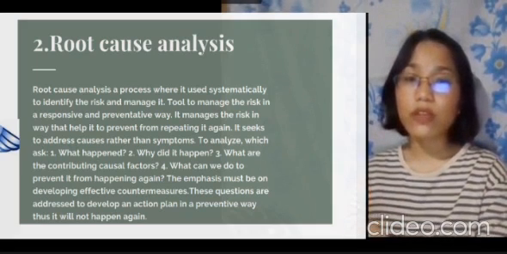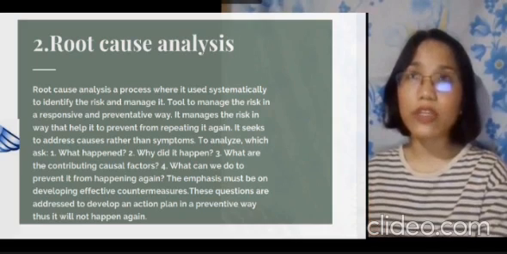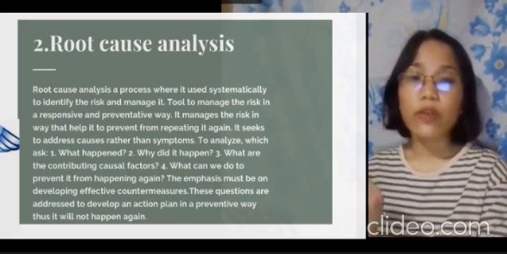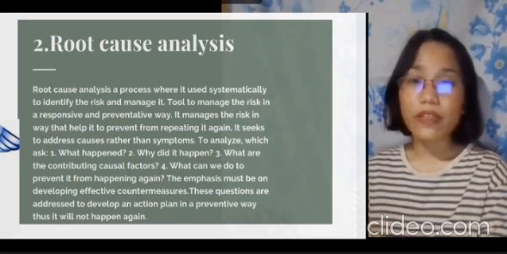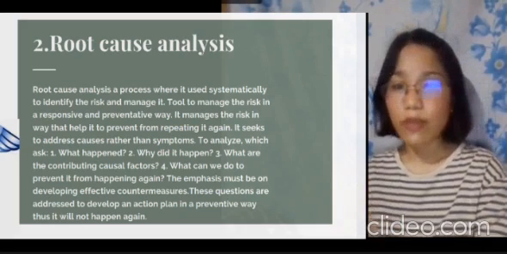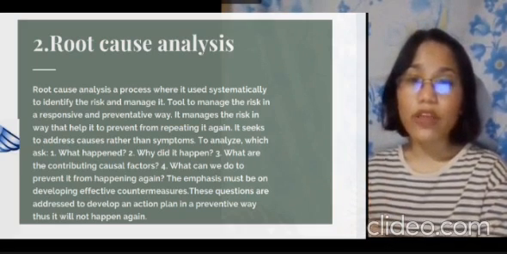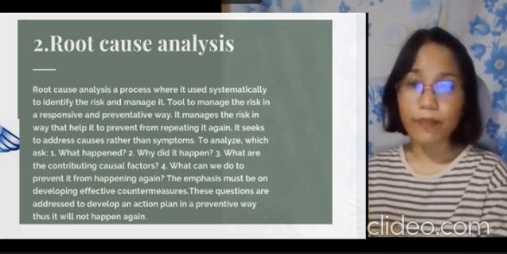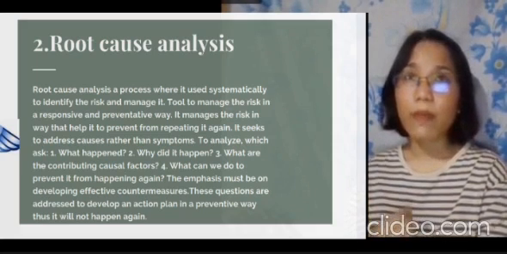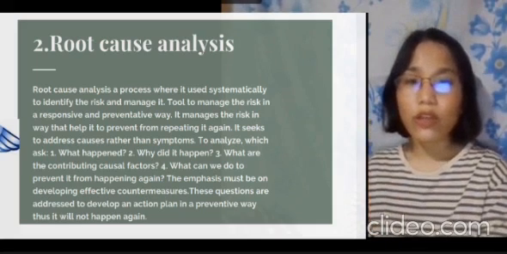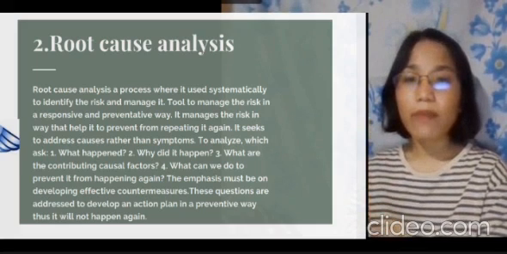This tool is not only good in a responsive way but also in a preventive way so that next time we're never going to encounter the same risk because we already identified the risk and the problem. If, for example, there was a problem in the laboratory, like a fire, then we look for the cause of the problem.